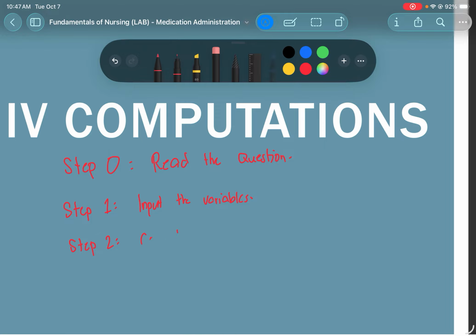Convert the necessary units. Sorry, input variables is step 1. And then step number 3 is solve. So it's that easy. Those are the steps that we need to take when it comes to IV computation.